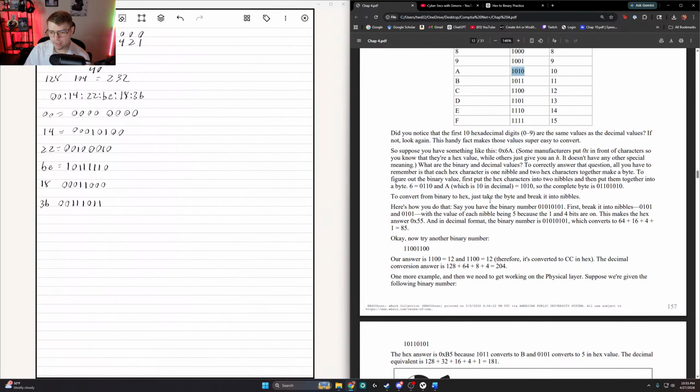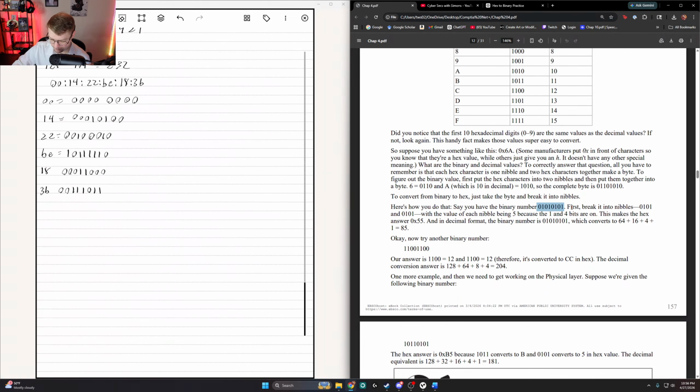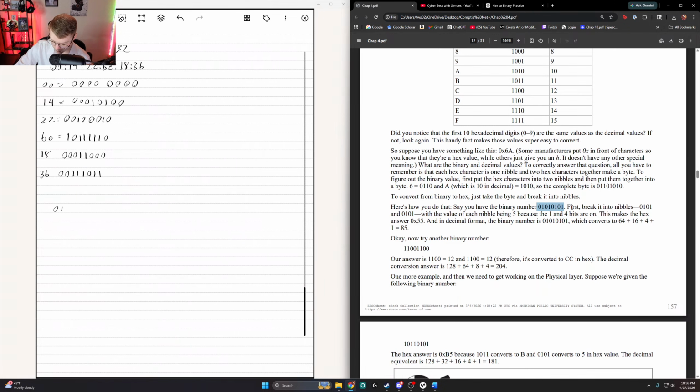To convert from binary to hex, just take the byte and break it into nibbles. Here's how you do that. Say you have the binary value of 01010101. So let's do that before we read ahead and cheat and get the answer. We may think, oh, we want to go and do the binary conversion of 128, 64, 32, and so on.